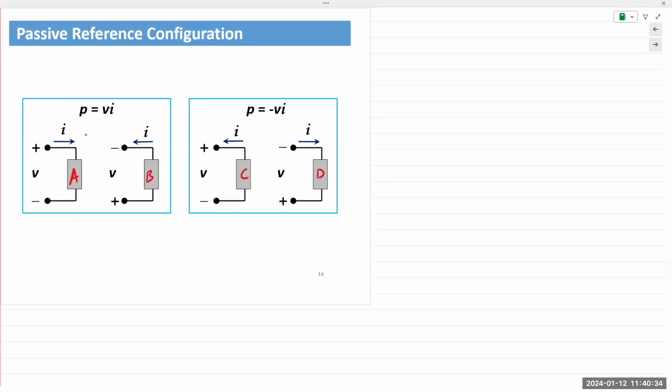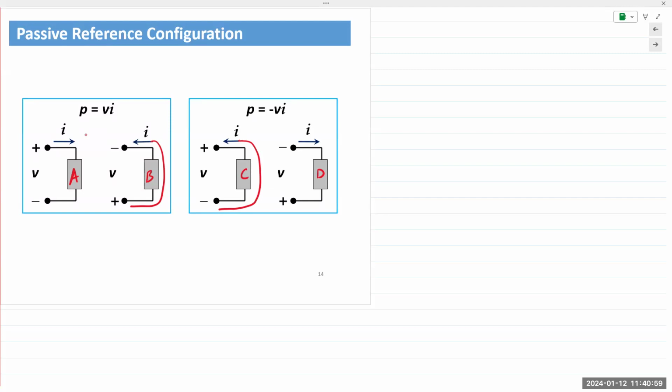If you look at C and B, we extend the current right here. For B, I can see that the current is entering the positive terminal. Power is positive. We use the equation P equals VI. For C, current enters the negative terminal, so power is negative.